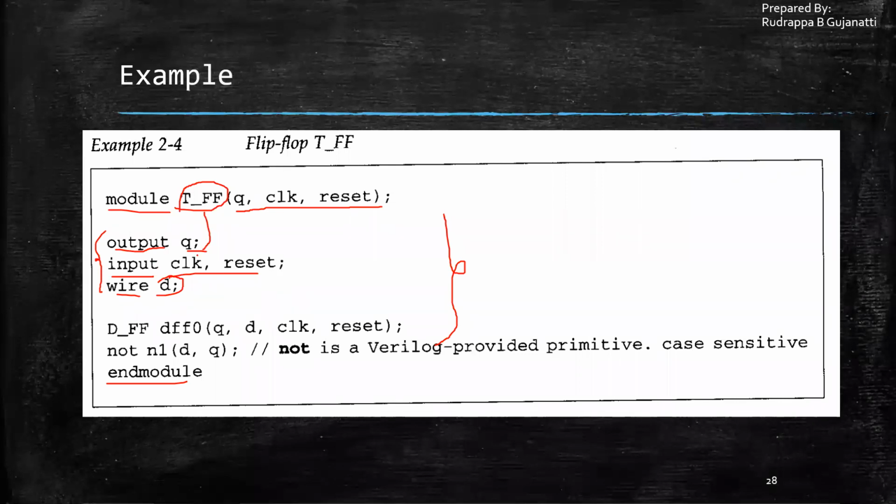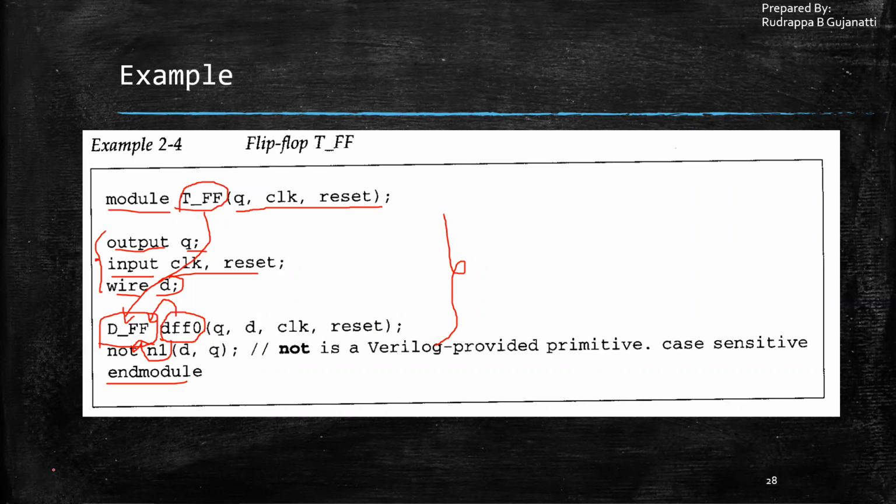The T flip flop creates instances of D underscore FF, which is the name of the module for the D flip flop. DFF0 is the instance of D underscore FF, or DFF0 is the object related to D underscore FF. Again, in this case, four parameters are passed.